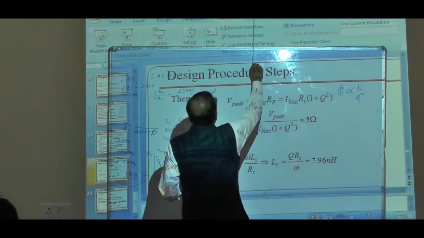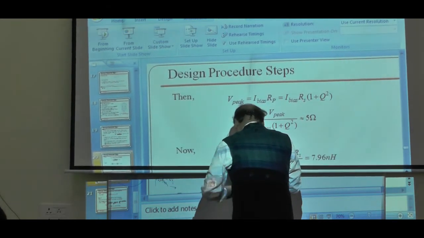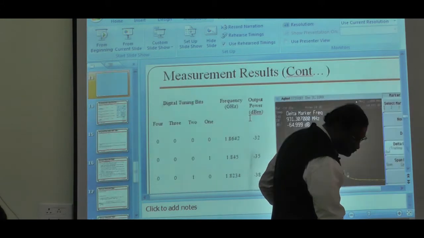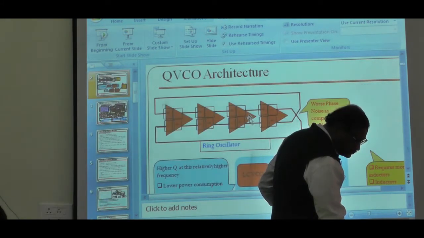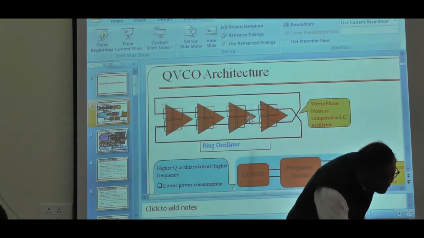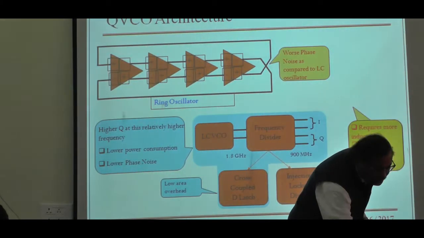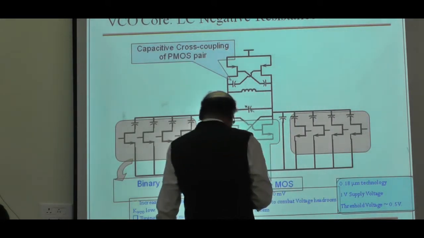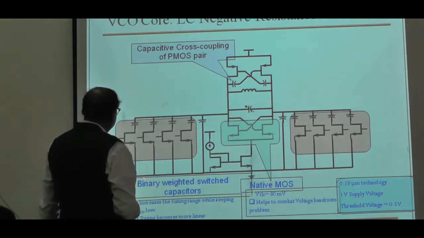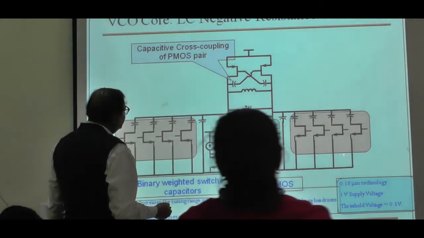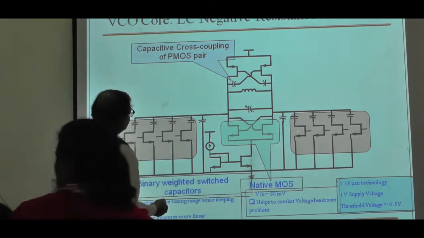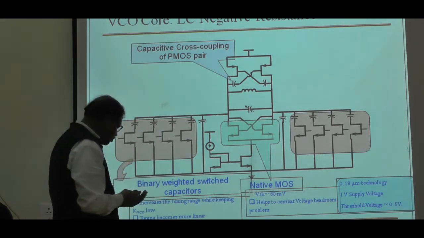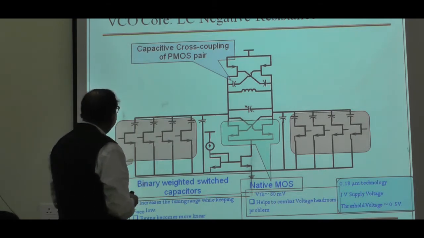So make the design in such a way that this part will be giving the variation by binary weighted switch capacitors that actually act as band select filters, like a 5 megahertz band, and then you vary the in-between frequency by using this MOS varactor, so that you can have a low KVCO, which is essential for low phase noise design.